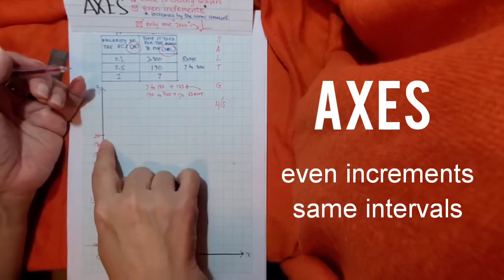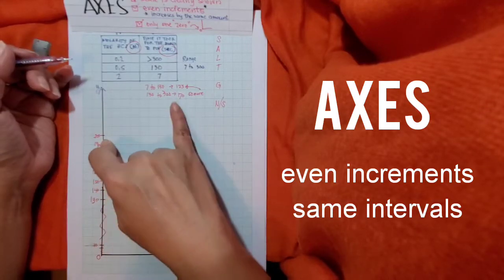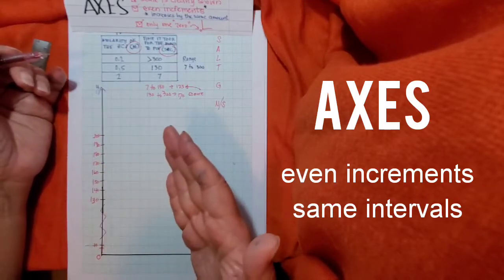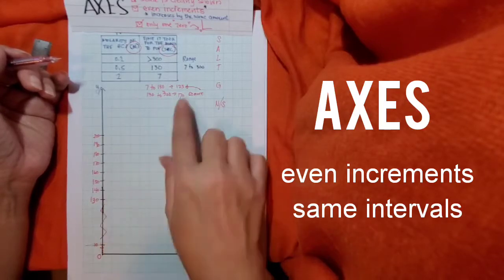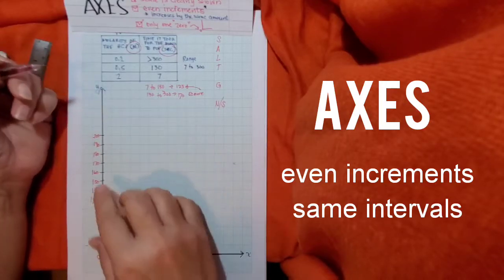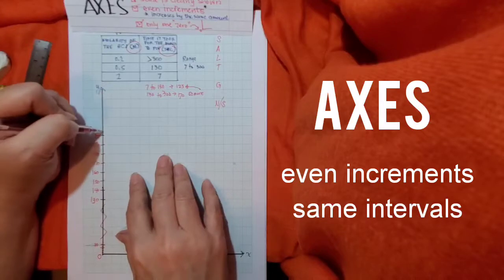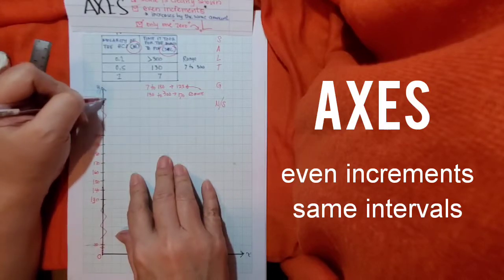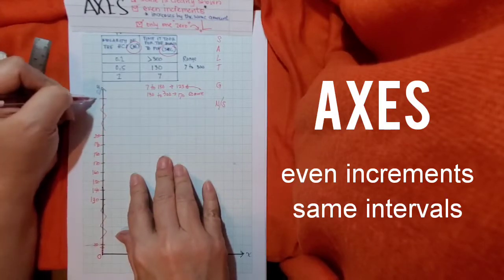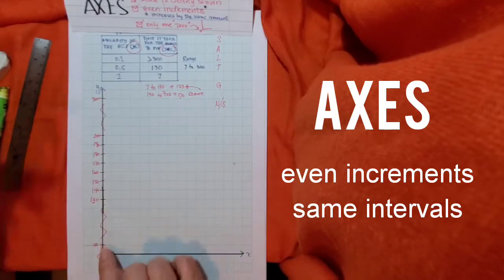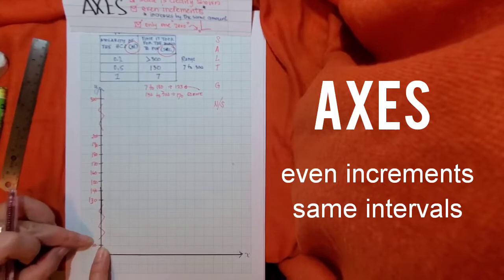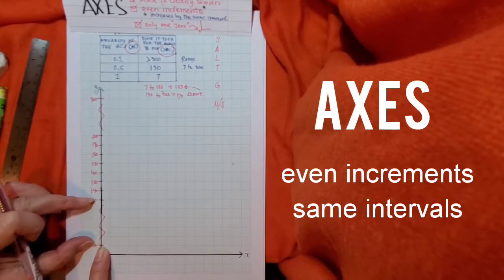Now, from 200, I need to go to 300. That's about 100. So if 5 blocks is 123, then 100 would probably be 4 blocks. So I do my squiggly line again, and then this would be representing 300, because this one represents 120, 1, 2, 3, 4, 5.